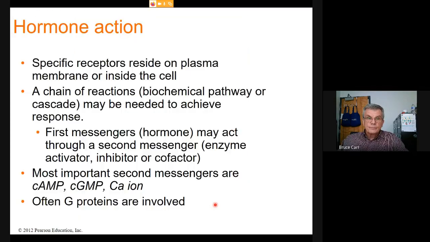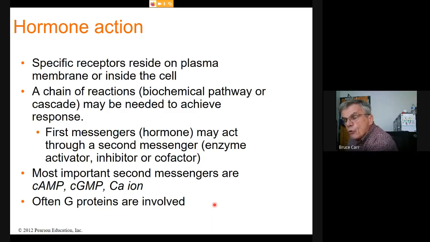applications. Hormone action is specific to the receptor. So if the receptor is on the plasma membrane, it can affect that cell. Some hormones act inside the cell, on receptors in the cytoplasm. Often this involves a chain and not a simple receptor to direct action. You'll have a first messenger, the hormone, and it may activate another messenger, an intermediate.